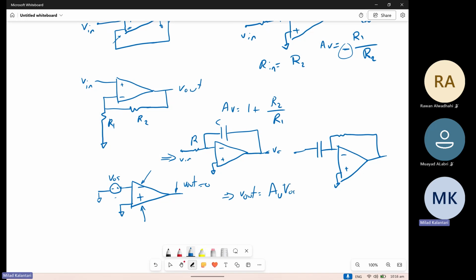So in order to compensate this offset, you need to somehow apply a reverse input voltage to compensate it. And then if you plot the characteristic of the op-amp, basically the V out per V in, you expect that once the V in is zero, then the output should be zero, but it is not really zero.